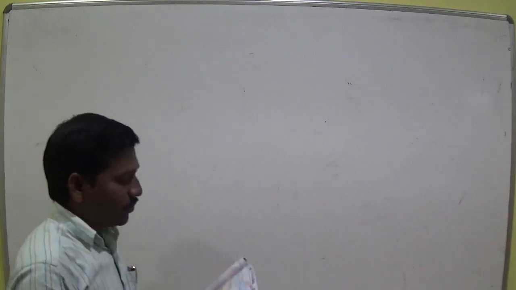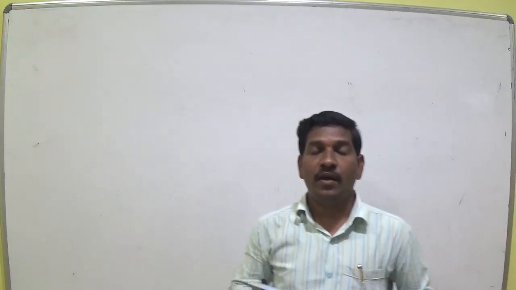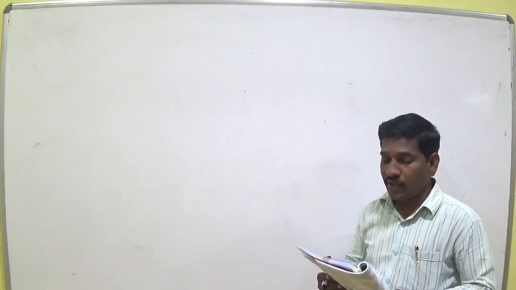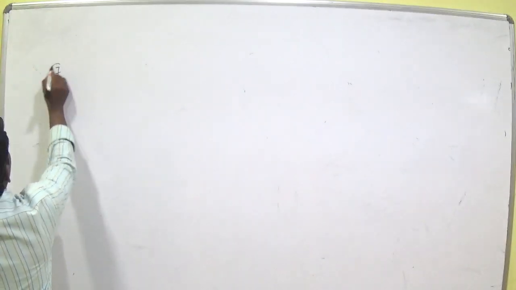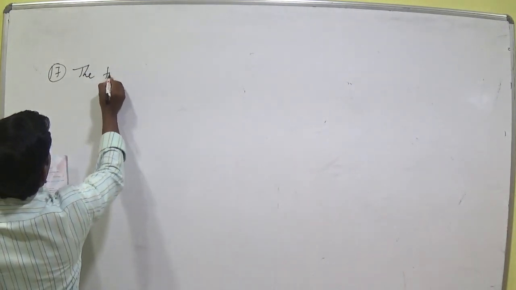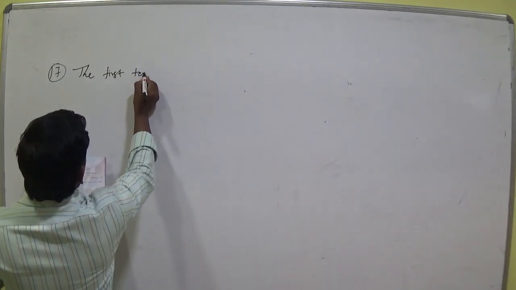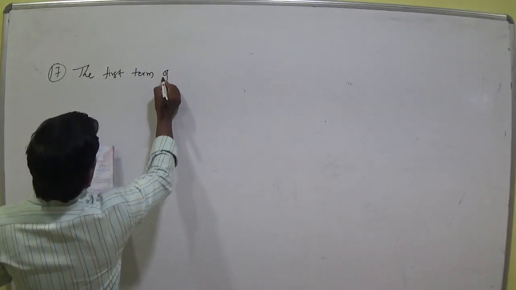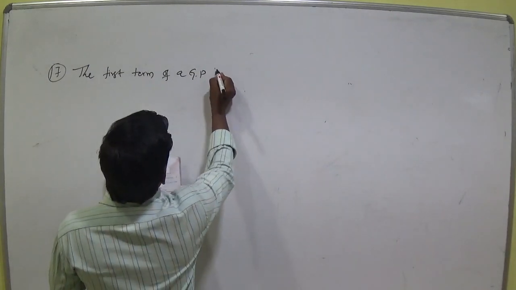Okay, the 17th problem. The first term of a GP is 1.